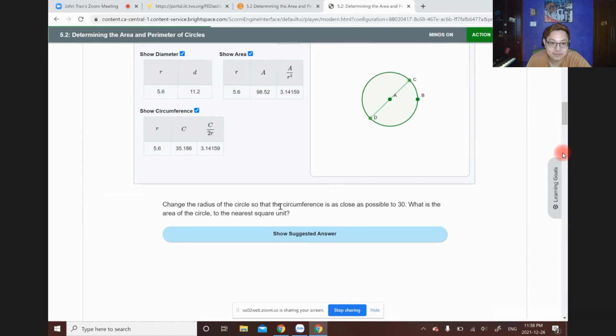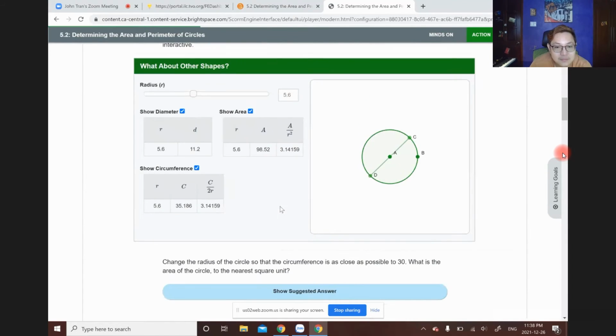Change the radius so the circumference is close.